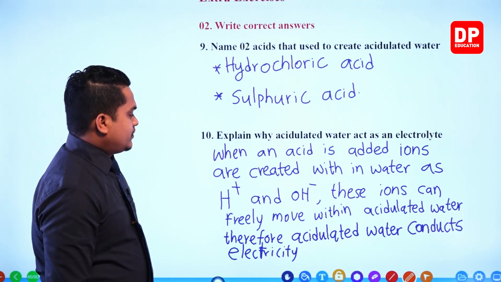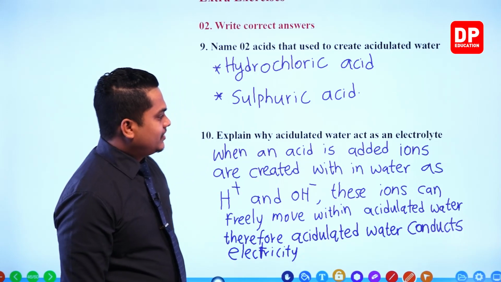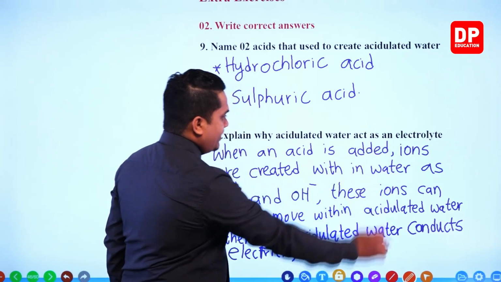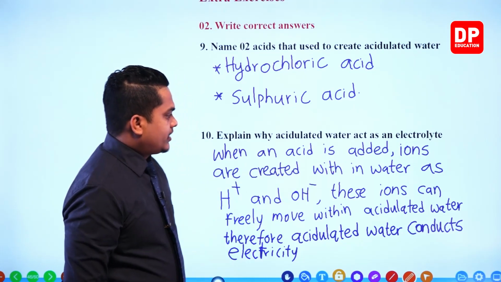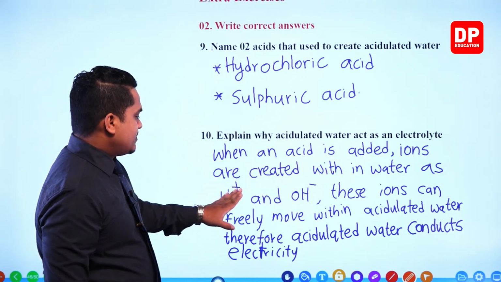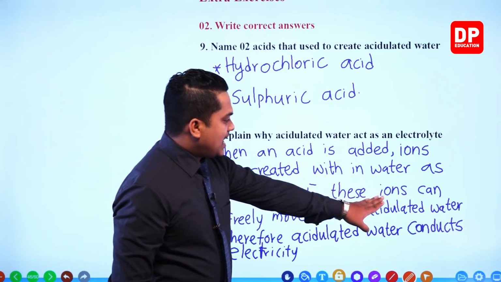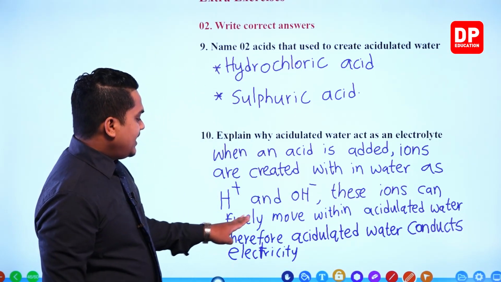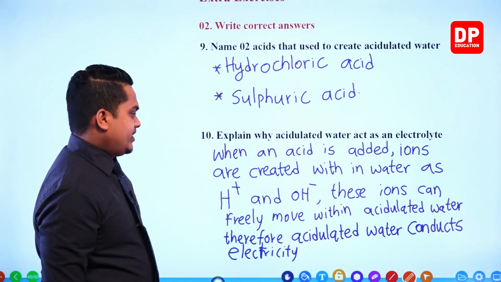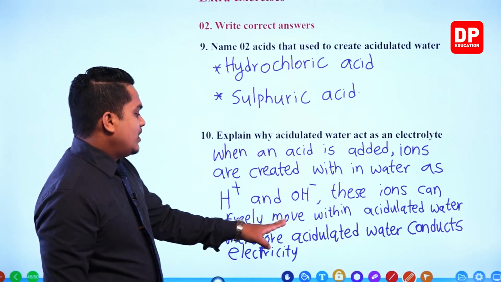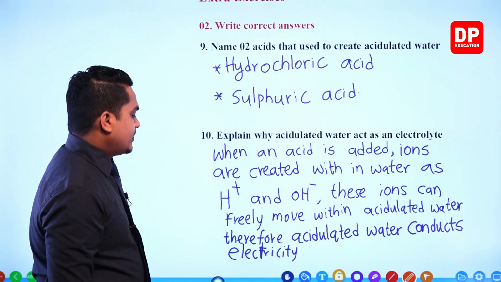Right. So, what is the answer? When an acid is added, ions are created within water as hydrogen plus and OH minus. These ions can freely move within acidulated water. Therefore, acidulated water conducts electricity.